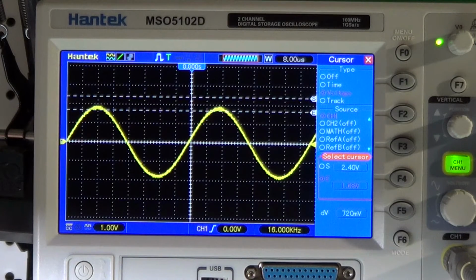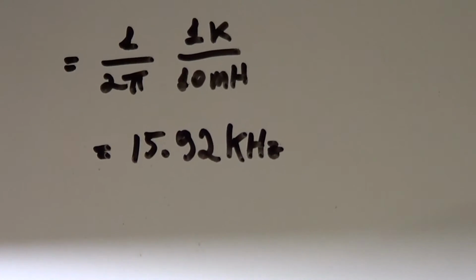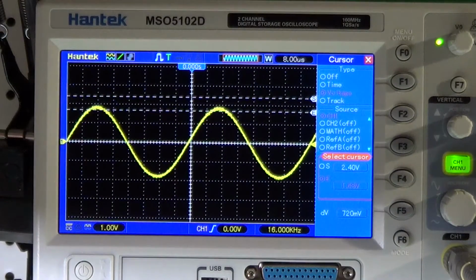And actually, if you remember the calculation we just made, the theoretical value for this cutoff frequency should be 15.92 kHz. So, it's very close, and as you can see, it's really easy to do the measurements in this way once you have the cursors available.